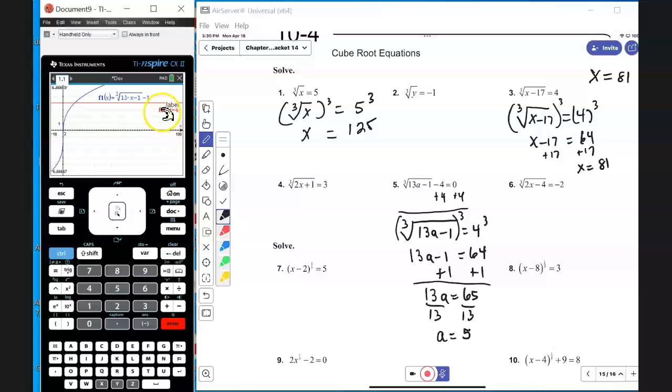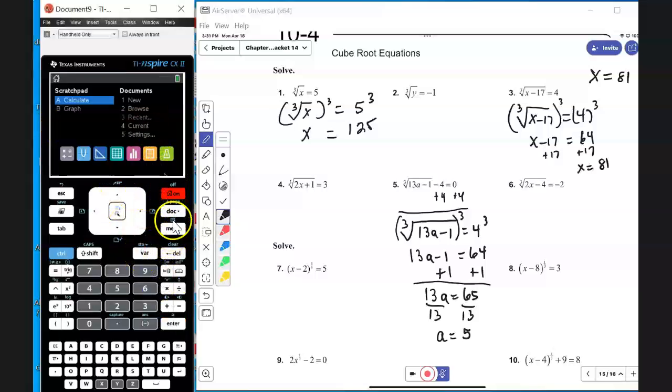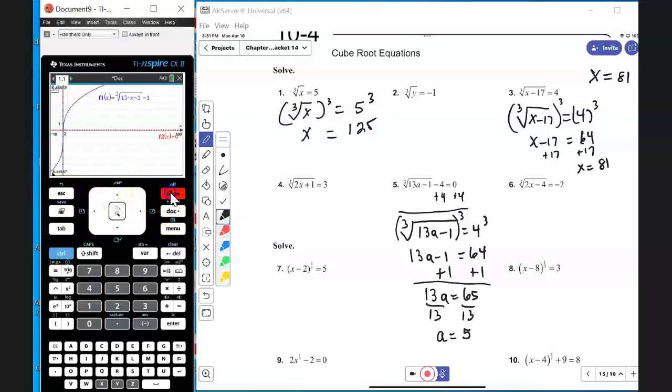And of course, we don't want f of x to equal 4. We want f of x to equal 0. So let's find the intersection: menu, analyze graph, intersection, lower bound, upper bound.